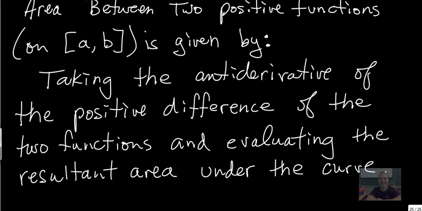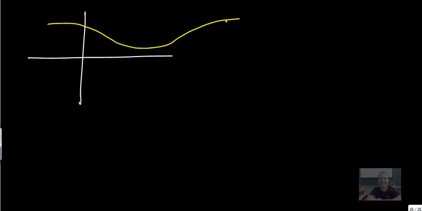Now a couple things that you're going to have to pay attention to. If you have an example, let's say like this, where here's function 1, f of x1, and you have f of x2, like this.